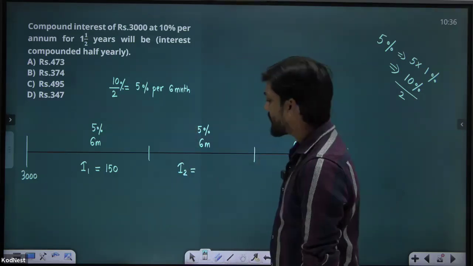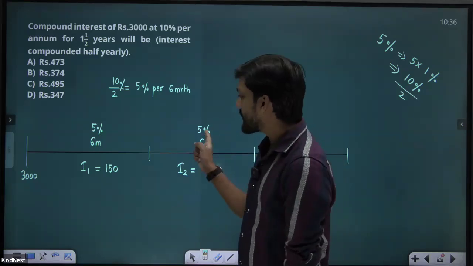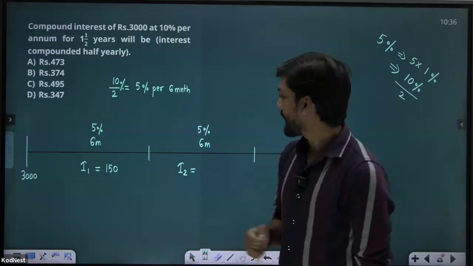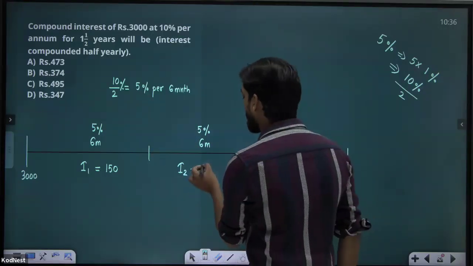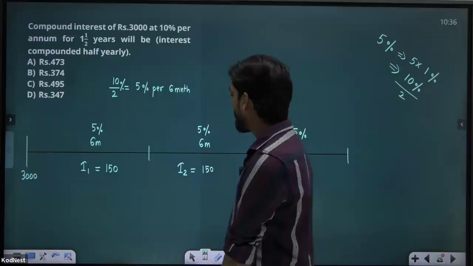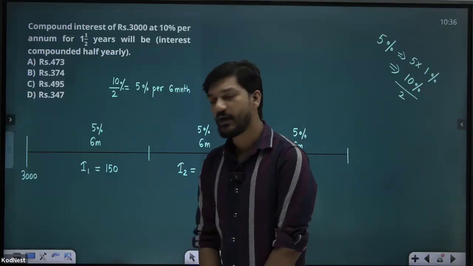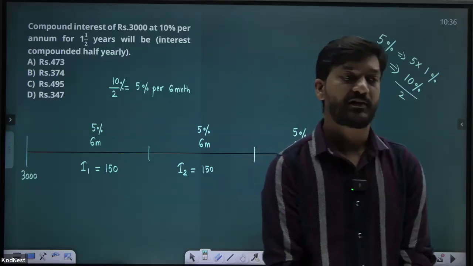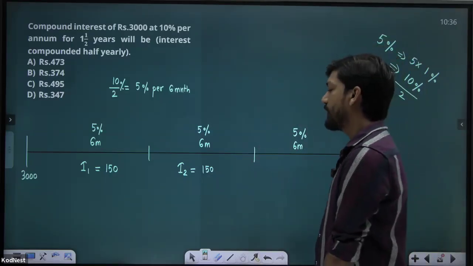Okay, so when I stand here, I have to calculate 5% of principal and 5% of previous interest. 5% of principal always will be 150. Always. Now, previous interest. Do we have previous interest? Yes, we have. Okay.